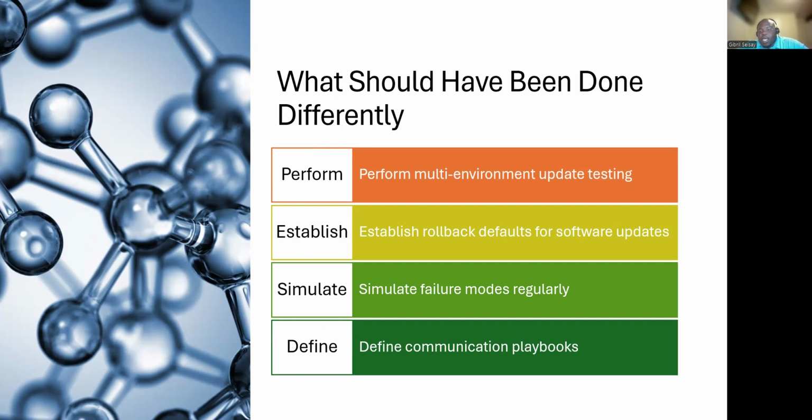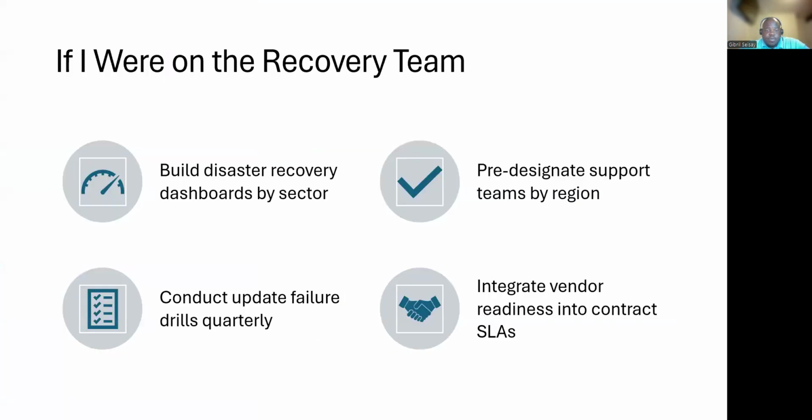Another big thing is communication. Real-time communication protocols, knowing when to communicate when these things happen. And I feel like our stakeholders should be at the forefront of making sure all these things are in place. If I was on CrowdStrike's recovery team, I would push for greater decentralization of support and readiness.